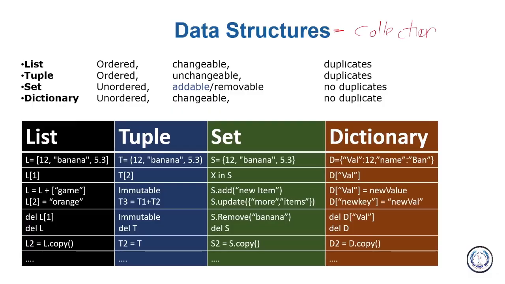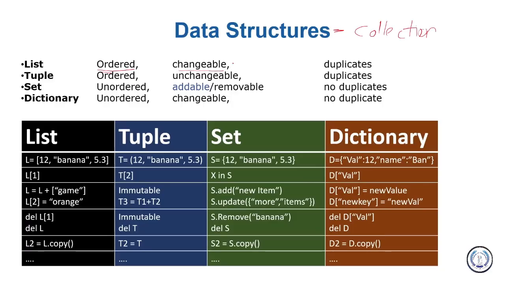So first is list. List is ordered. Ordered here means it is indexable, which means the element number one is at position one. There is an ordering of elements: first element, second, third, 25th element. There is an ordering of elements with respect to their position. So that's what we mean by ordered.